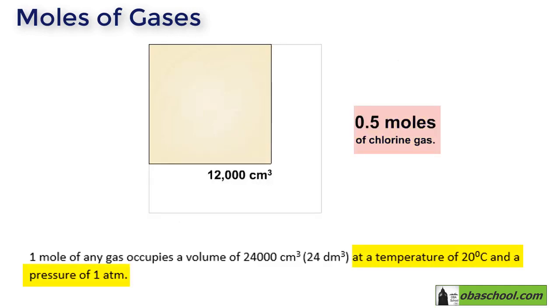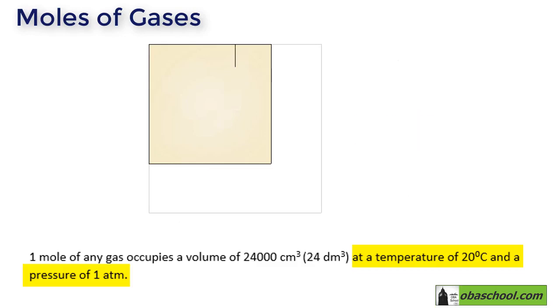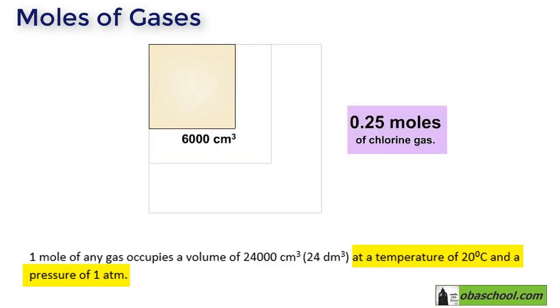Therefore, 0.5 moles of chlorine gas occupy 12,000 centimeter cubed, half of the first volume. 0.25 moles of chlorine gas occupy 6,000 centimeter cubed, which is half of the 12,000 centimeter cubed, and so on.